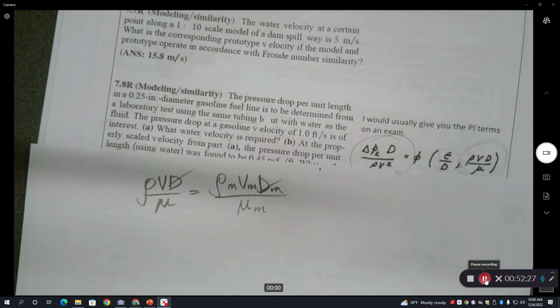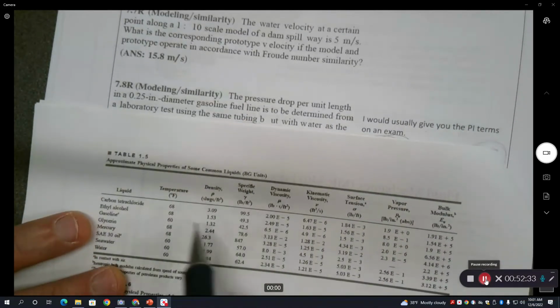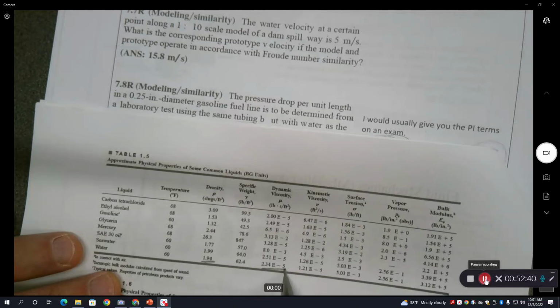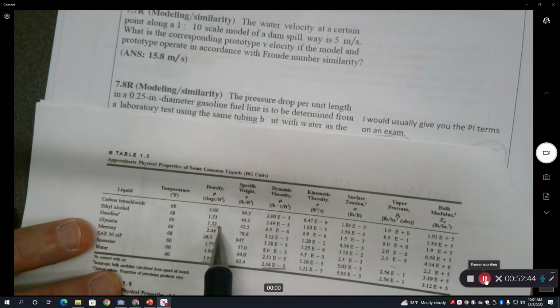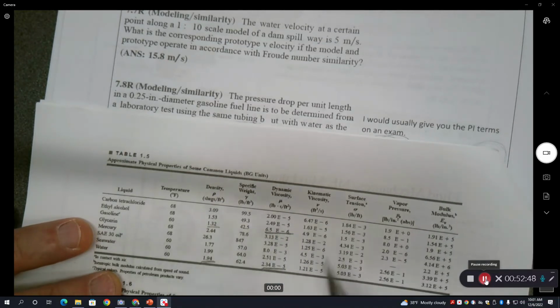And these are in US units, so we should go with those right there. So for British gravitational, we probably have water already memorized. Here's our density of the water, but the viscosity we probably need to look up. And we're also going to have gasoline, which is going to be 1.32, and then a viscosity here.